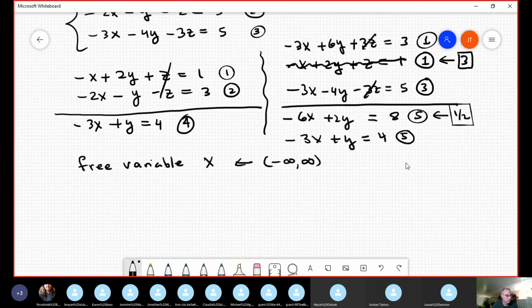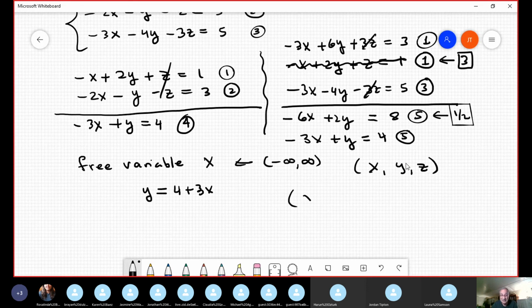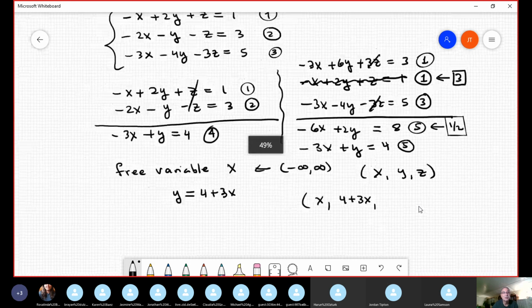Now I take equation 4 and solve for y. For example, y is equal to 4 plus 3x. You take equation 4, solve for y, I move 3x to the other side. And this is the connection between x and y. So when you write the ordered triple x, y, z, which has infinitely many solutions, instead of y you copy 4 plus 3x, and for z, you plug it into the original equation.